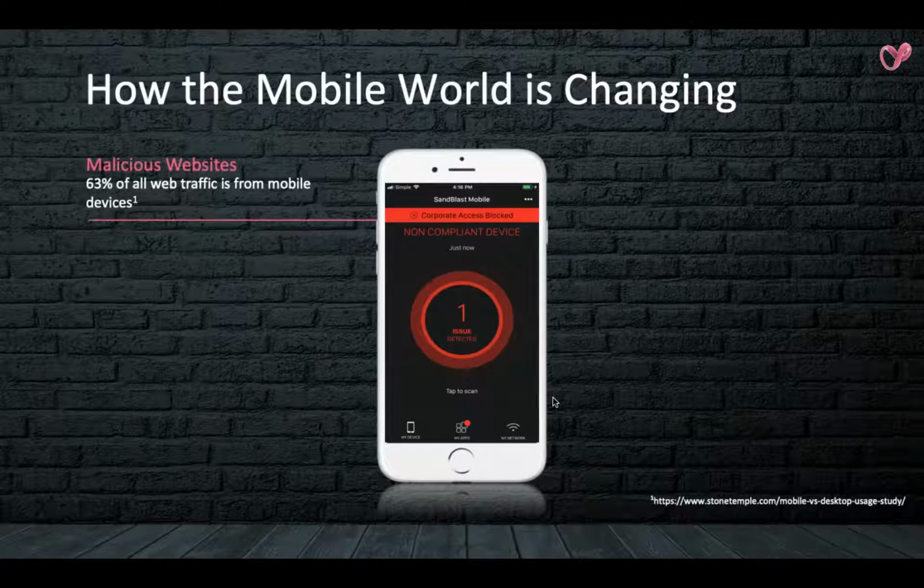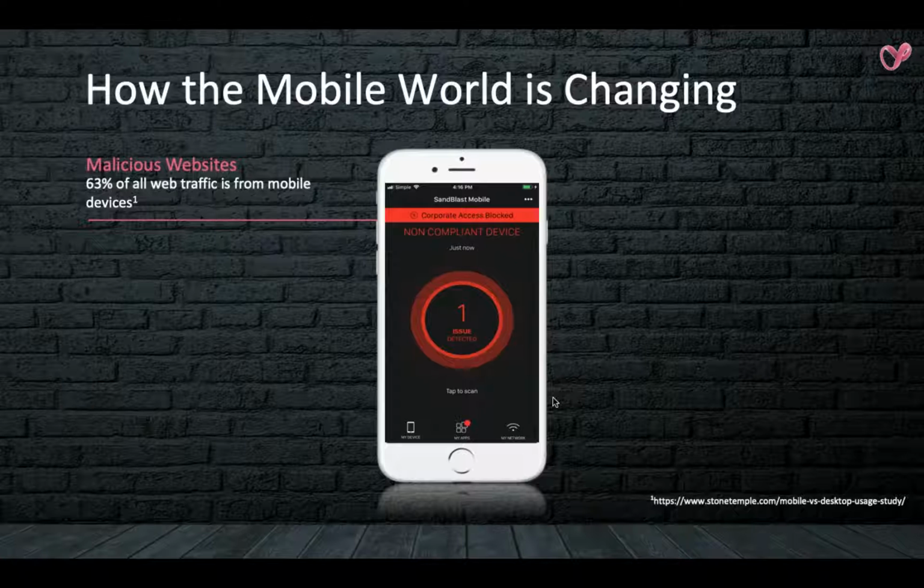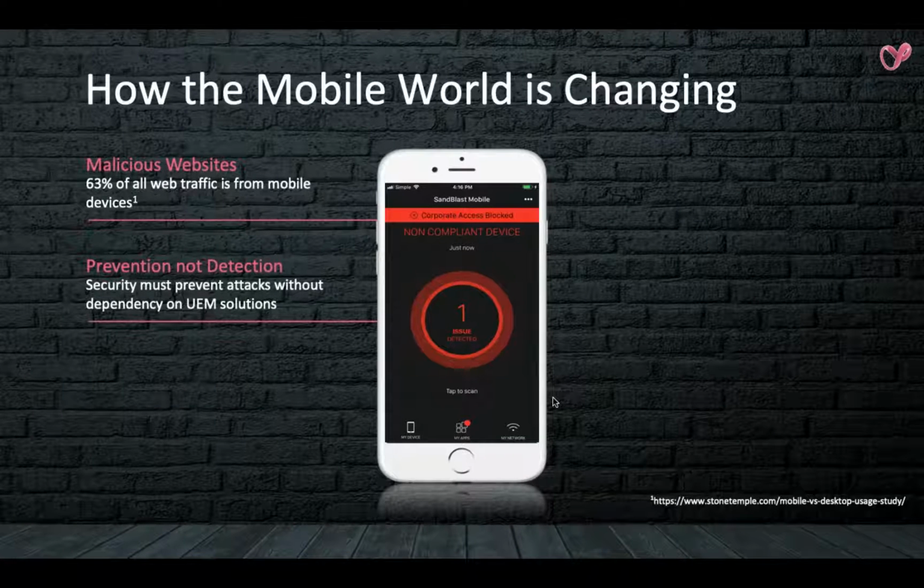Nearly 63% of all web traffic is from mobile devices. Apart from that, there is a strong need for an MTD solution which is not only able to detect the attacks but also prevent them, and it should be able to do so even if it is not integrated with EMM solutions such as MobileIron, AirWatch or Citrix.